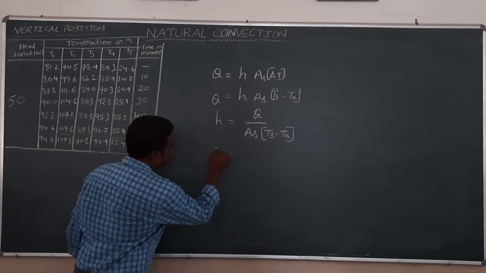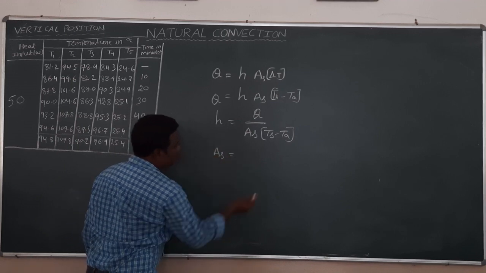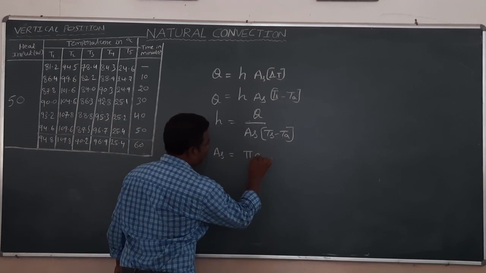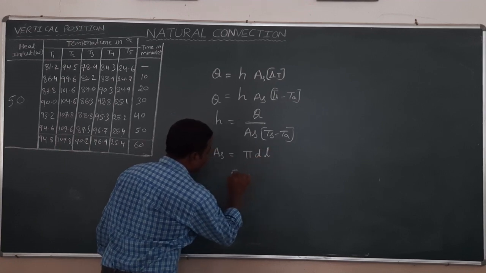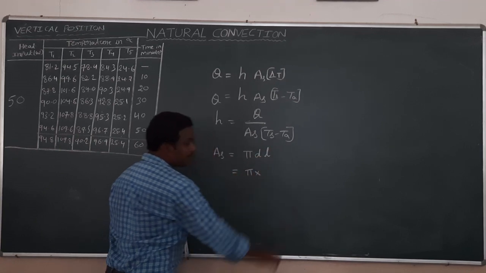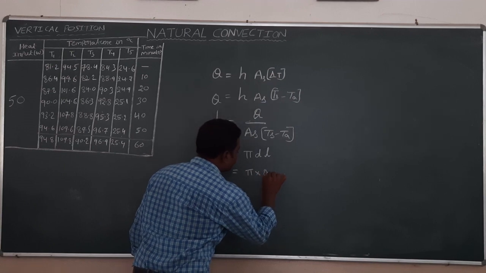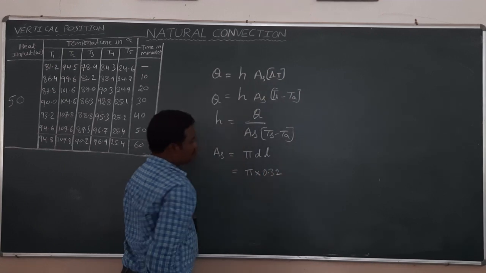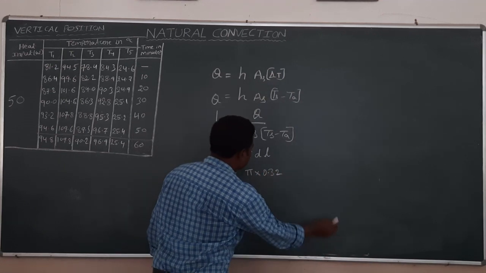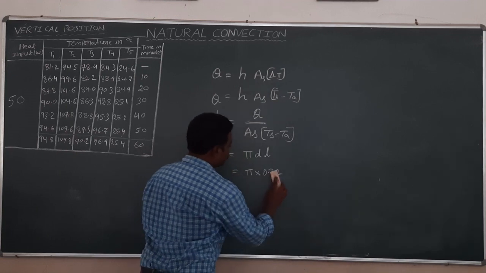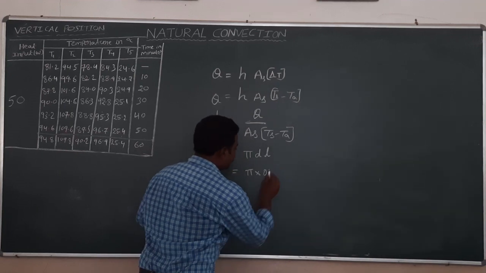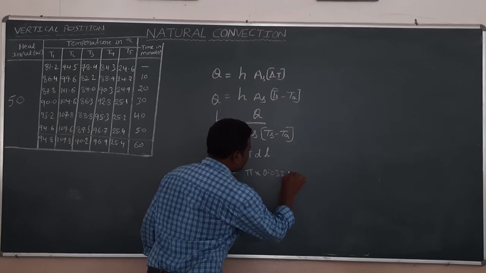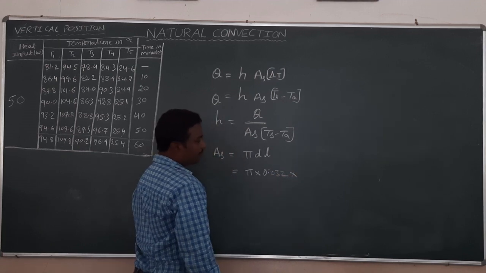For that, surface area equals pi d L, pi into the diameter of the tube, 0.032 meters, and the length of the tube is 450 mm.